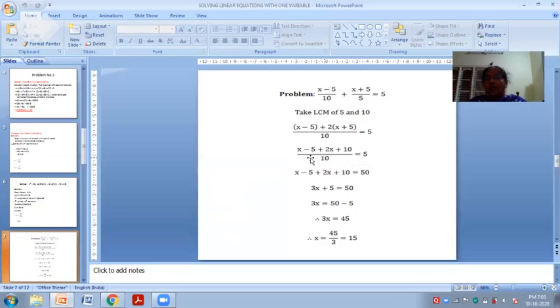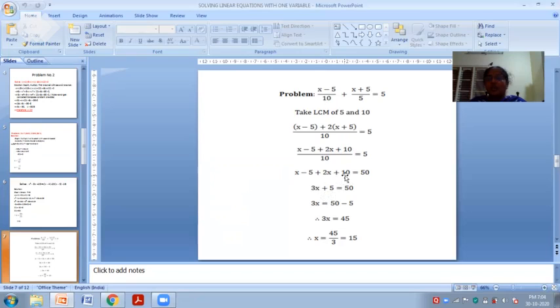So x minus 5 plus 2x plus 10 is equal to 50. Here plus x and plus x, that is why 3x. Next, minus 5 and plus 10.